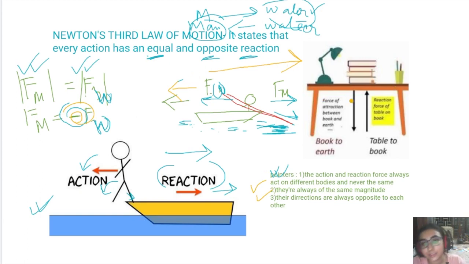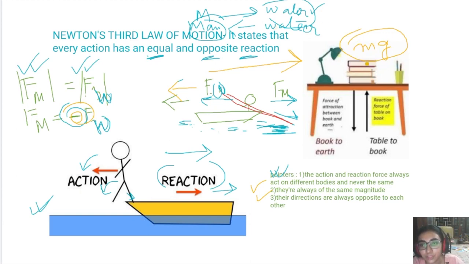Another example is this book example. I had actually discussed this in the previous class. So here, a number of books are kept on the table, and there is a force of attraction between the book and the earth. Yeah, so mass into gravity, right? This is the weight of the book or number of books, whatever. If it's a number of books, then this is the total mass and total weight of the body.